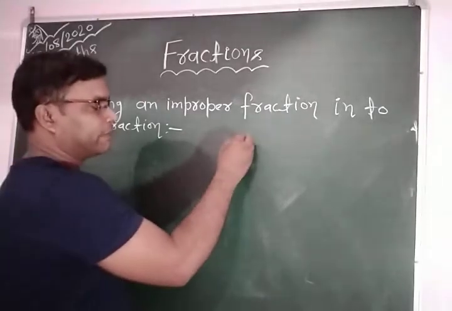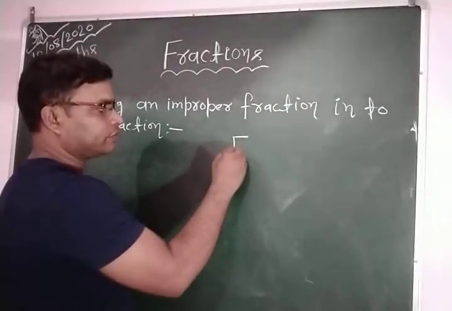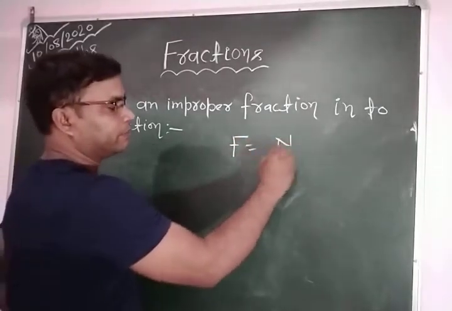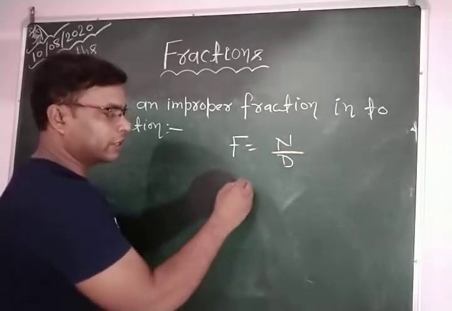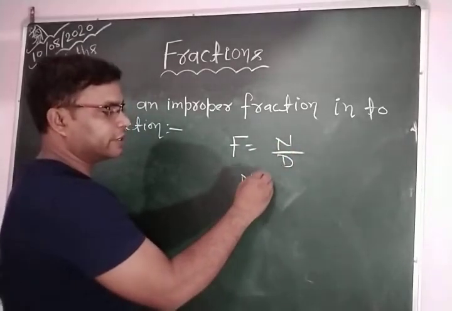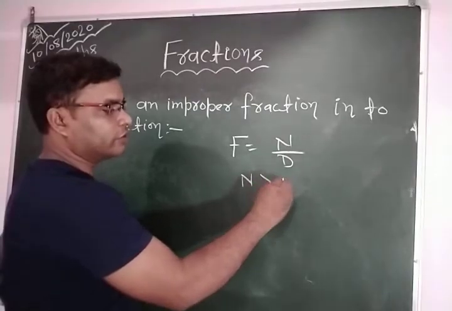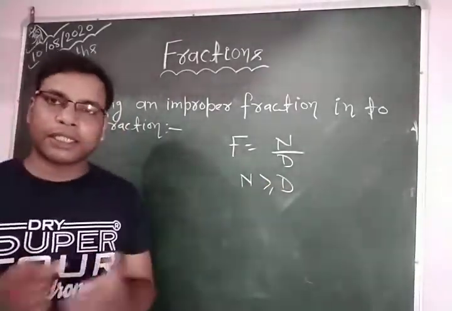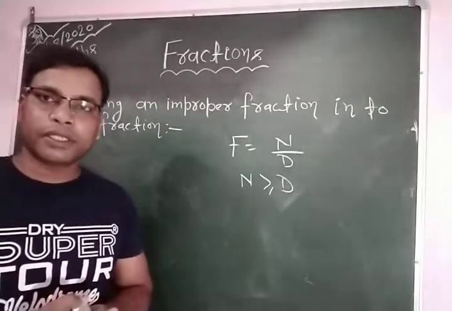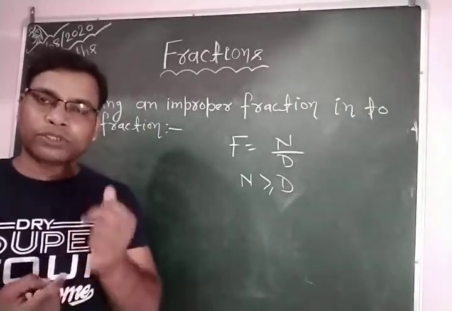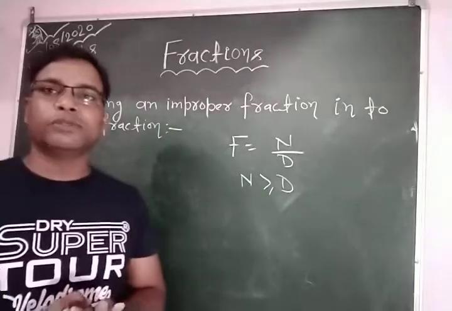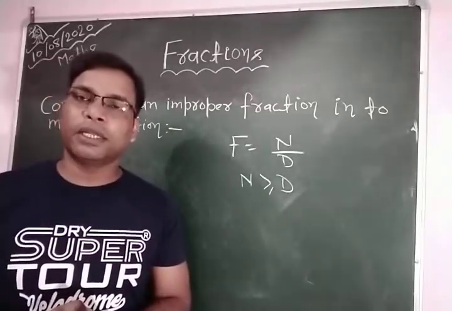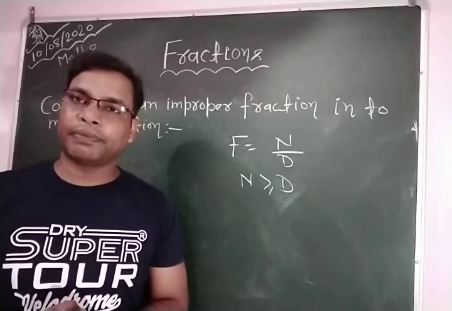In the case of improper fraction, numerator is greater than or equal to denominator. And a mixed fraction consists of two parts. First part is natural numbers, or you can say whole numbers, and second part is proper fractions.